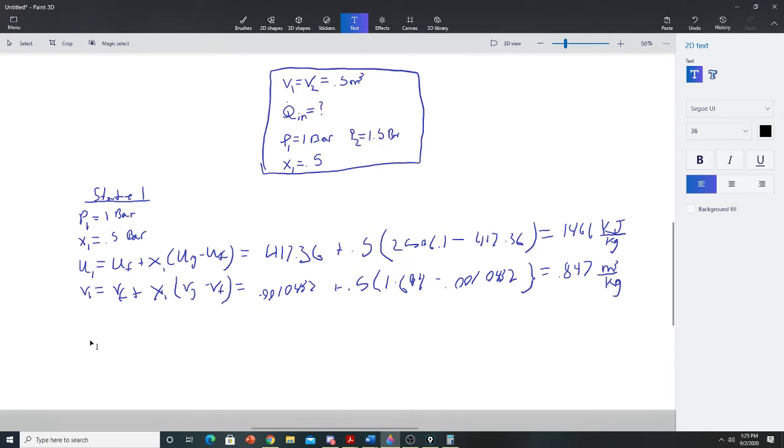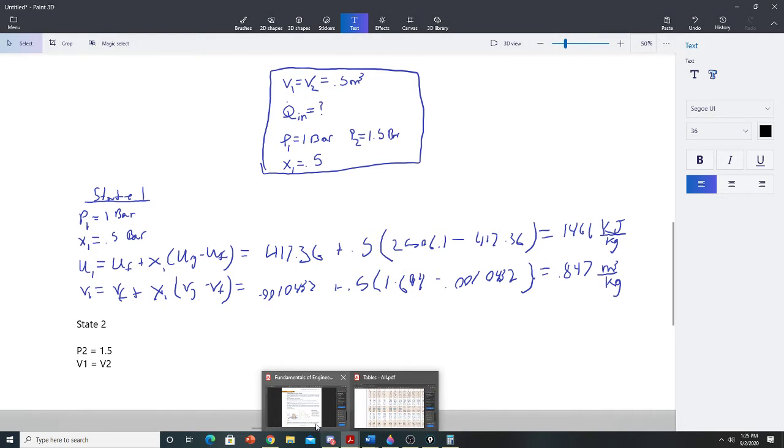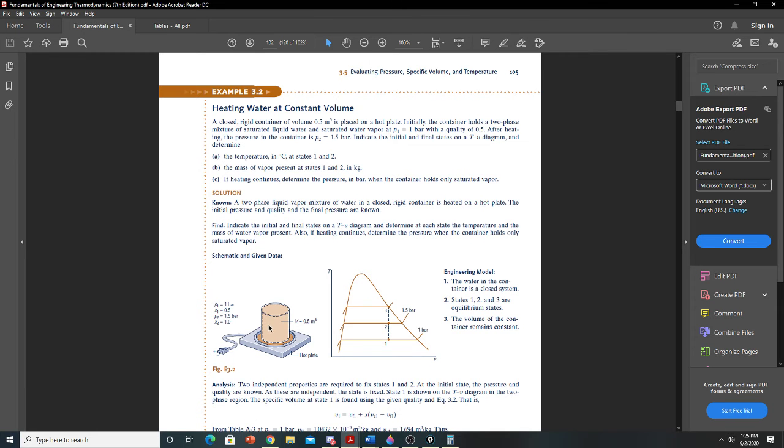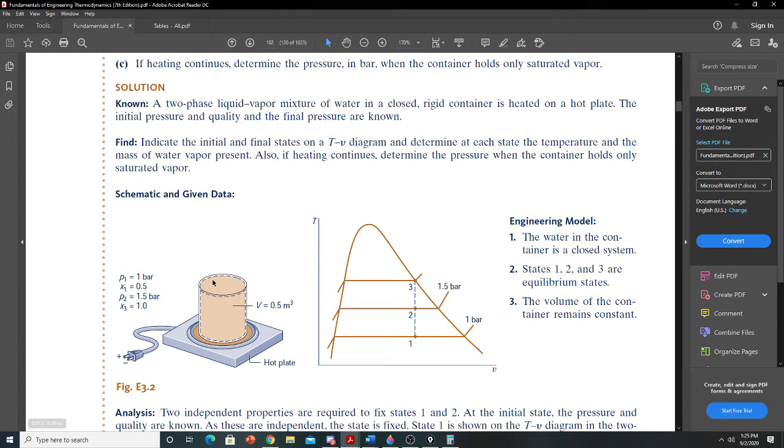I need to click out next time. I always do this. Never mind. State 2. P2, 1.5, V1 equals V2. Okay. Now, let's go back to the text. Right here, you can see this is our container. Closed, rigid. The key here is closed, and rigid as well. They both have something to do with it.